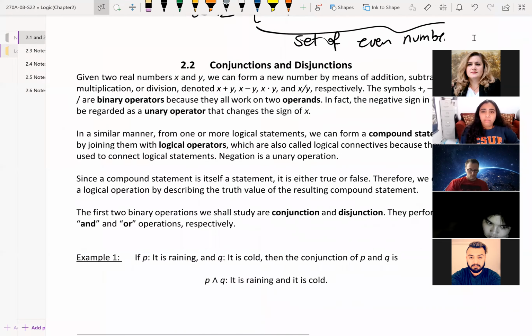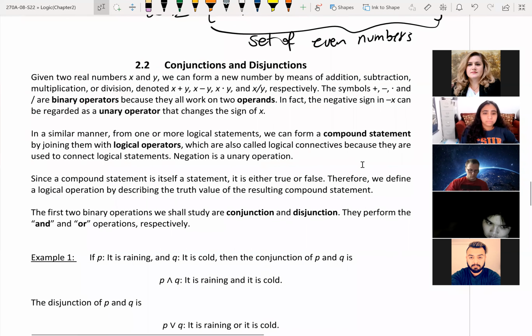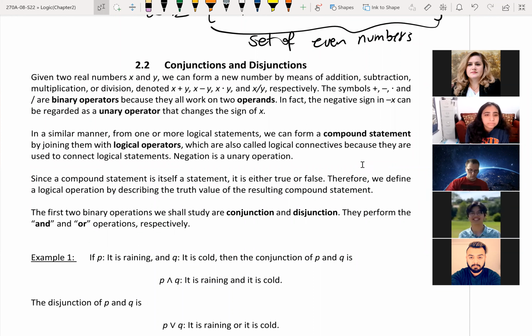So for any relations, any connections between propositions, this is just a reminder that there are 2 types of operations between numbers. You can have addition, subtraction, product and division, which are binary operations. What does it mean?